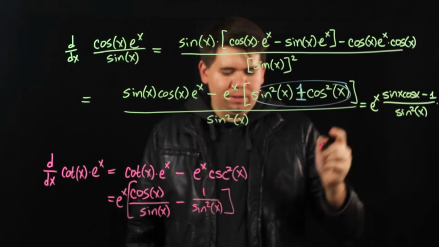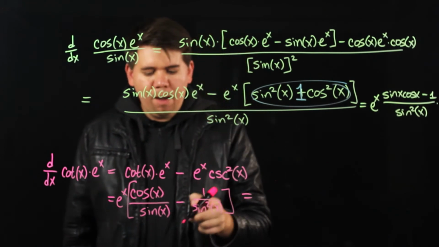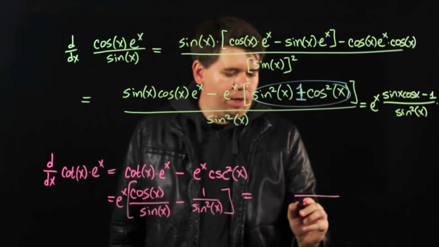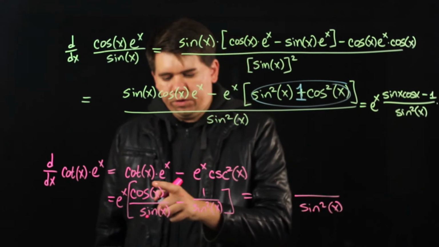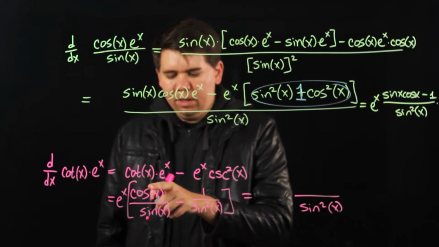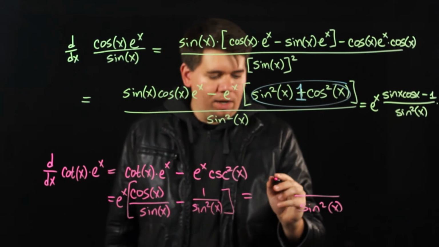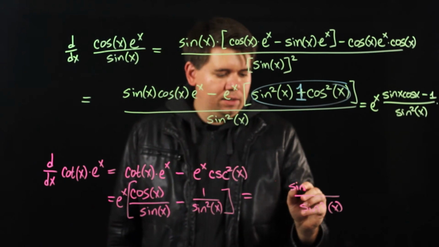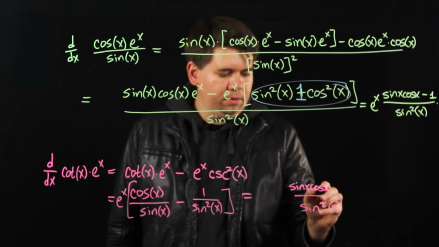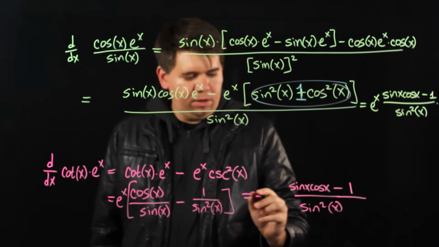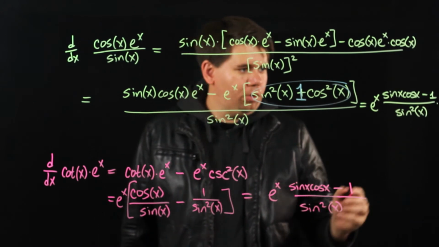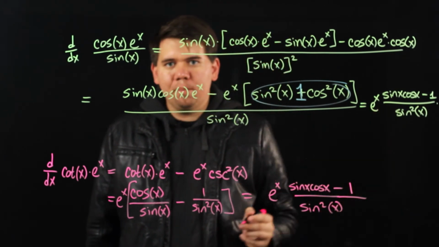We nearly have the same thing now. If we get a common denominator of sine squared, this first term needs another sine on bottom, so you need to multiply by sine on top as well to get sine times cosine minus this 1, and I have my e to the x out front.